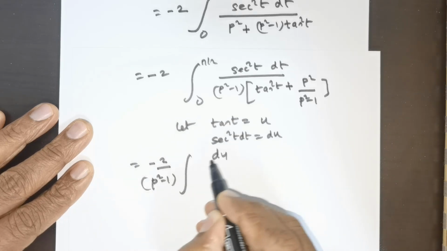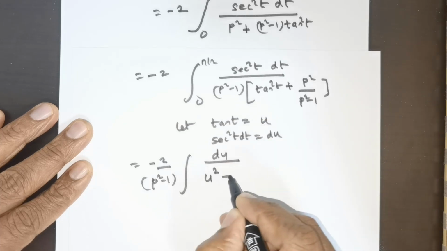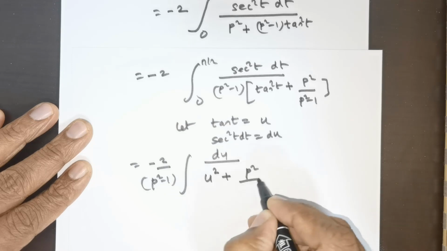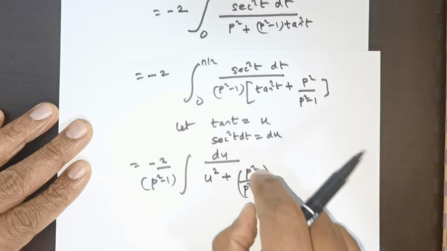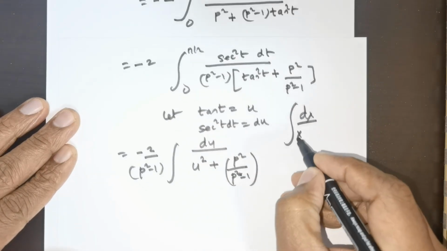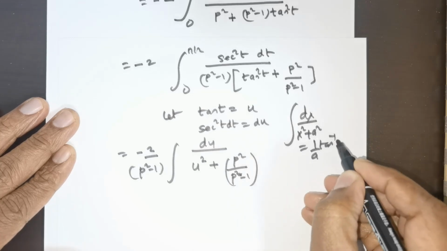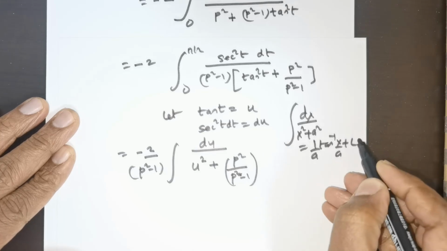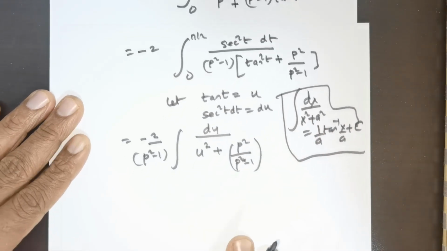So this is du divided by u squared plus p squared over p squared minus 1, so this is similar to a squared. You remember we have done this formula: the integral of dx over x squared plus a squared is 1 over a times tan inverse of x over a plus an arbitrary constant c. Right? We know this formula.